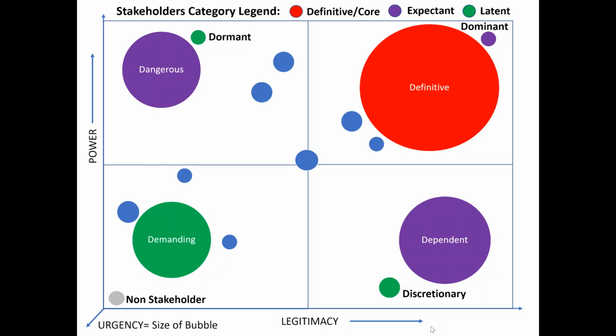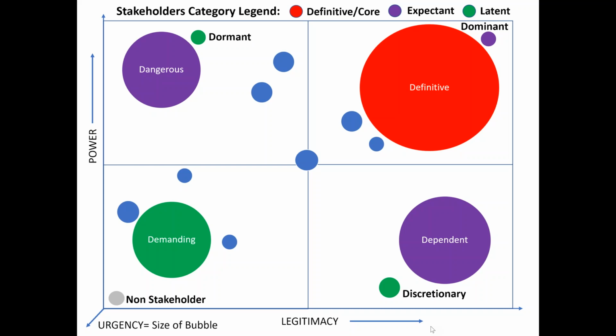If only high power and high legitimacy was there, but urgency was not there, then it was this small bubble on top of the definitive, that is the dominant one. We are talking about a dominant stakeholder who has high power, high legitimacy, but low urgency. Let's go to quadrant 1.